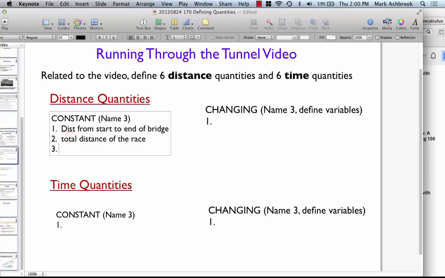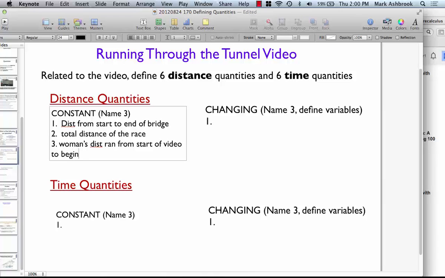Okay, so the woman's distance from the start of the video to the beginning of the bridge. Is that a constant quantity, from where she was at the start of the video to the distance she ran to the start of the bridge? Well defined? Yeah, good. Those are all good.